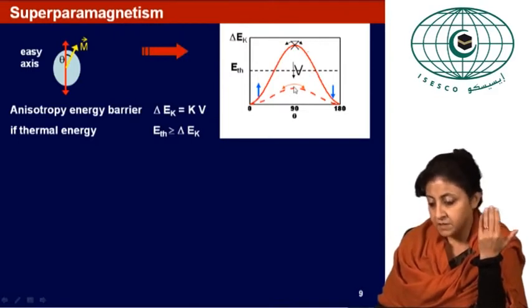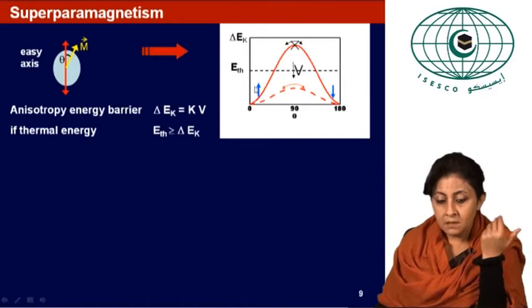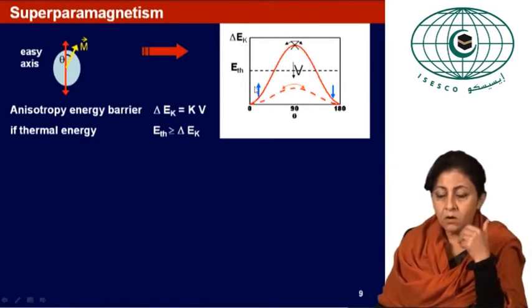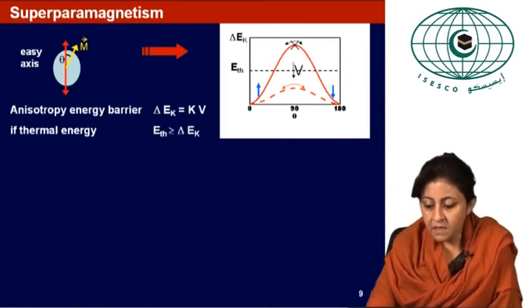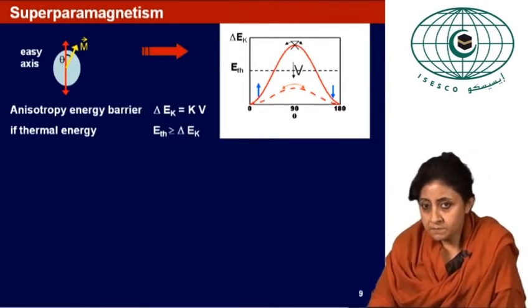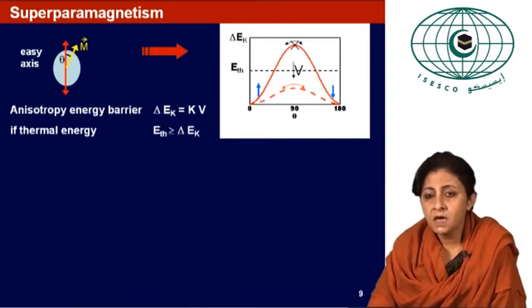And now if it is smaller than the available thermal energy, then the particle can spontaneously switch its magnetization, and as a result of that, on the average, you will measure zero magnetization and zero field, because this process is associated with a relaxation time of 10 to the power minus 9 to 10 to the power minus 11 seconds.